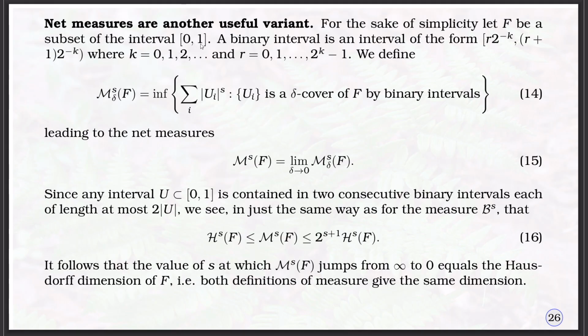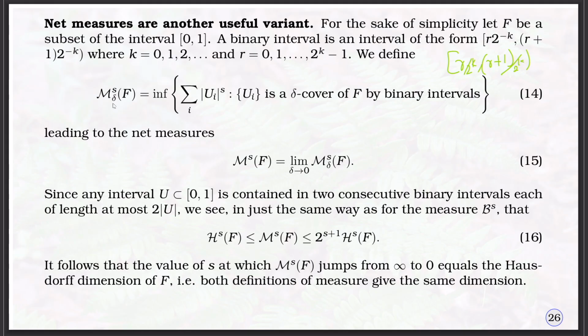Then we can extend this idea to any n-dimensional square in R^n. A binary interval is an interval of the form (r/2^k, (r+1)/2^k), an open interval. We consider this form for k equal to 0 to infinity and r varying from 0 to 2^k minus 1.